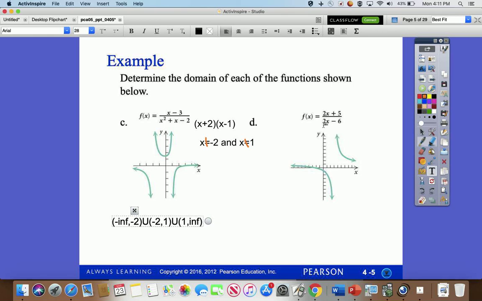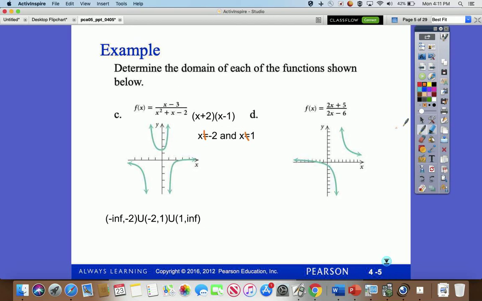And over here, it would be everything except what makes this denominator 0, which if you work this out and you write 2x minus 6 equals 0, you get 2x equals 6. So x equals 3. So everything except 3 is what we could have. So negative infinity to 3, union 3 to infinity.